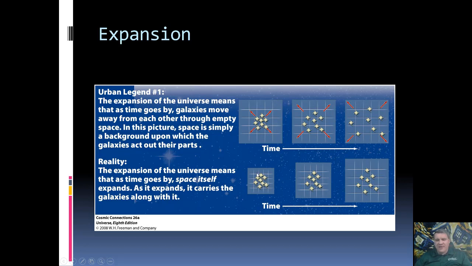What is actually happening is that the galaxies used to be close, and then space itself is expanding, and as space expands, it's drawing the galaxies away from each other. So it's not just that the galaxies are moving, it's that space is pushing them apart as space grows.